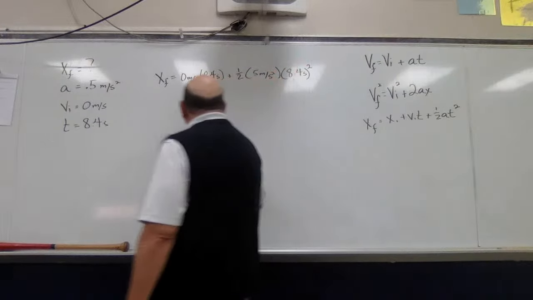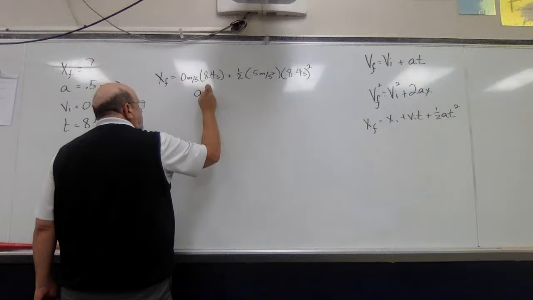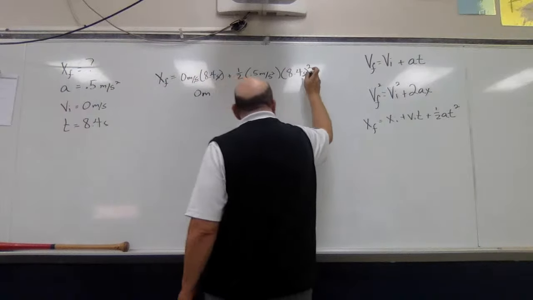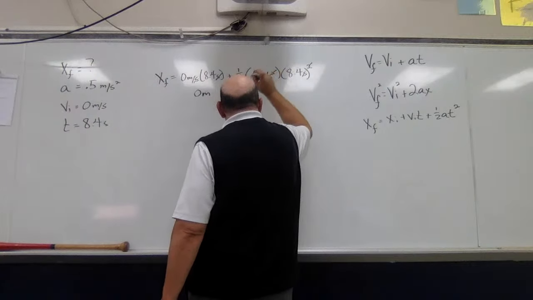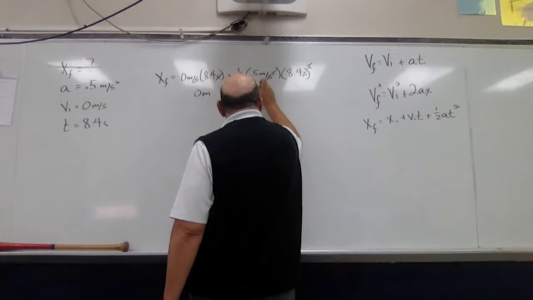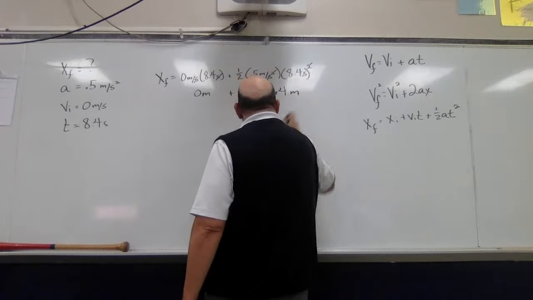So 0 times 8.4 is 0. Second squared cancels with second squared. This whole thing is 17.64.